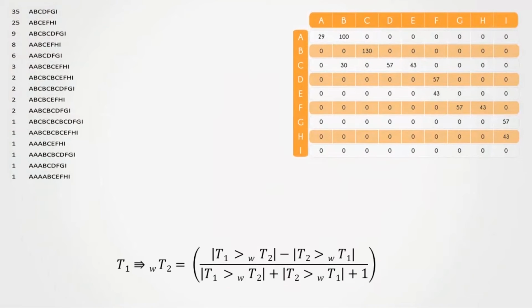Using the following formula, we compute the heuristic values for every direct sequence dependency relation. The formula takes into account the number of times an activity A is followed by an activity B, minus the opposite, everything divided by the sum of both values plus 1.